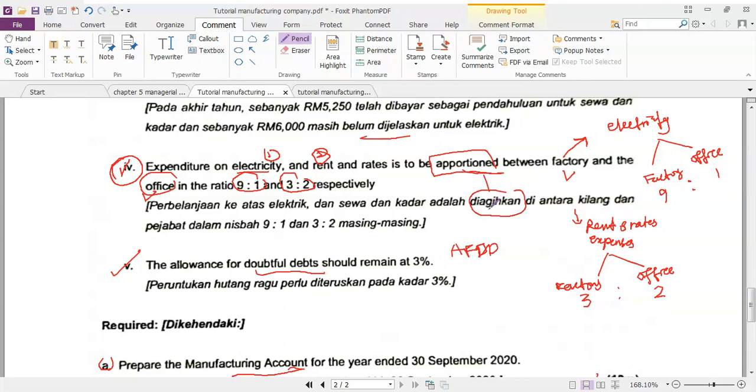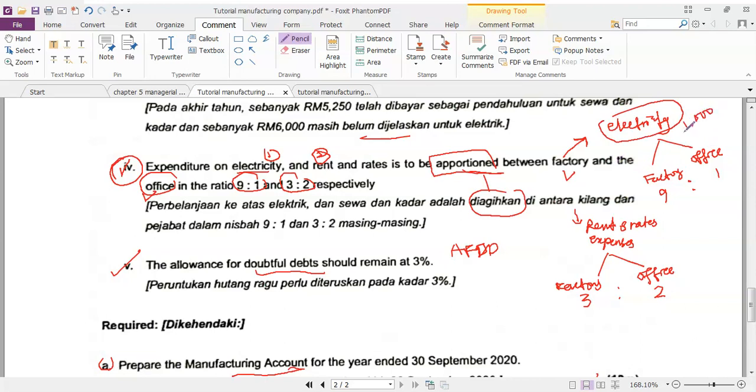Kita distribute, okay, the total of expenses we distribute between the factory and office. The simple analogy is like here. Example here. You have Richel as a factory, Richie as office. I have given to you 1,000 ringgit, for example.